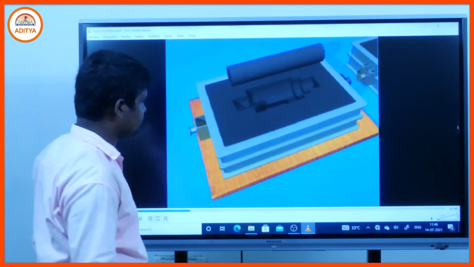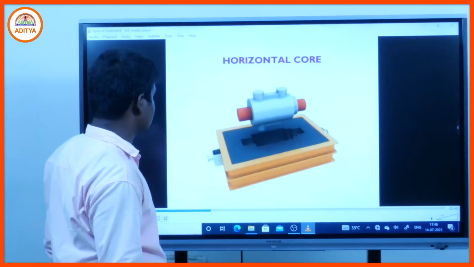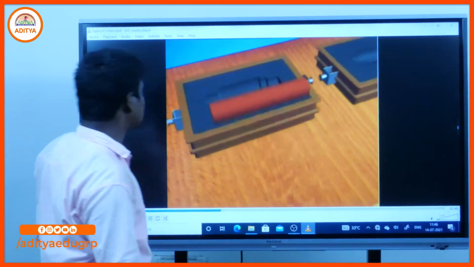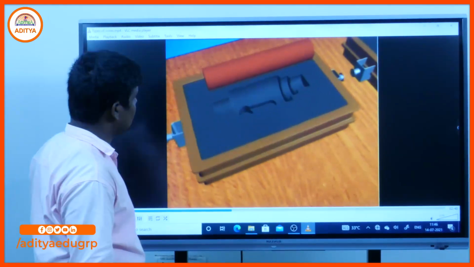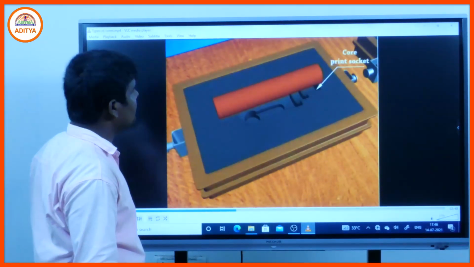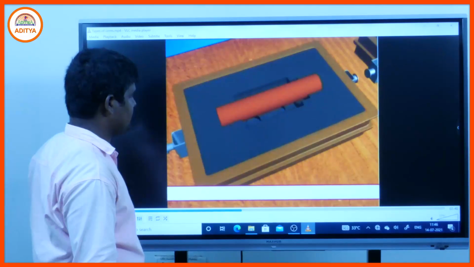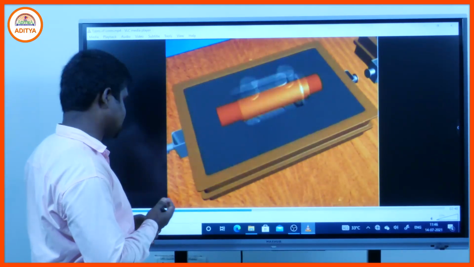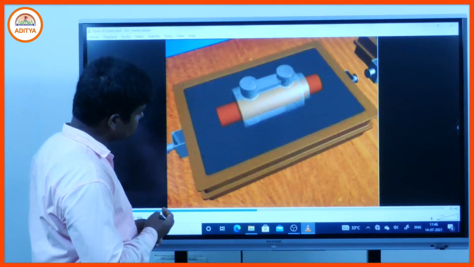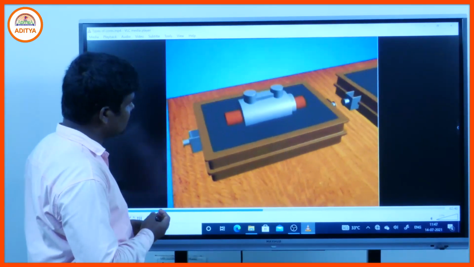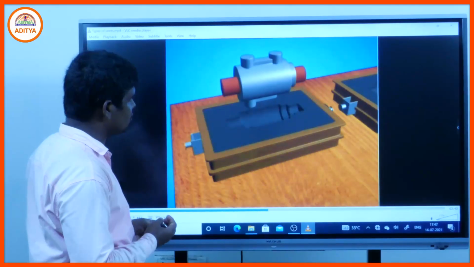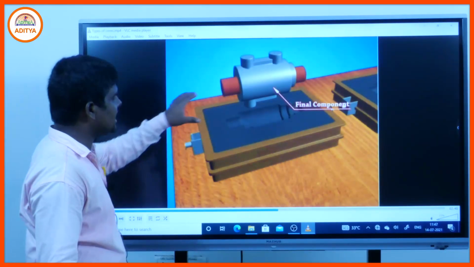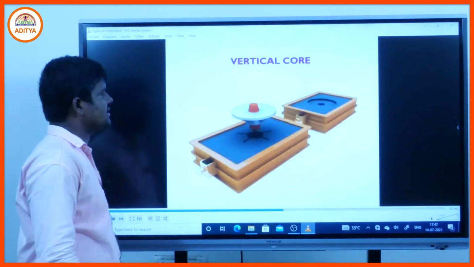That is the horizontal core, which means the position of the core is horizontal. The core is placed horizontally, half part on the cope side and half part on the drag side. That is the final component produced, and the internal portion is the hollow portion.